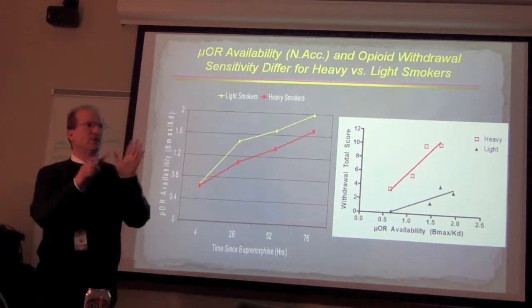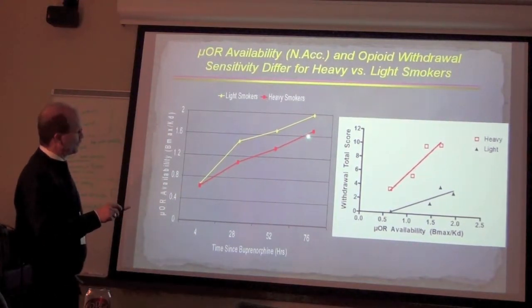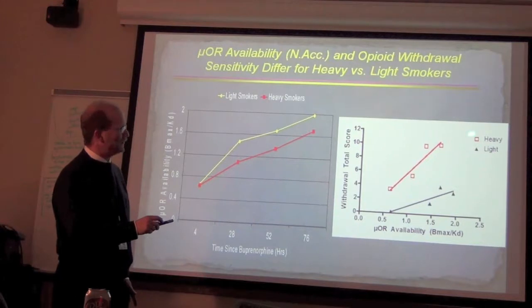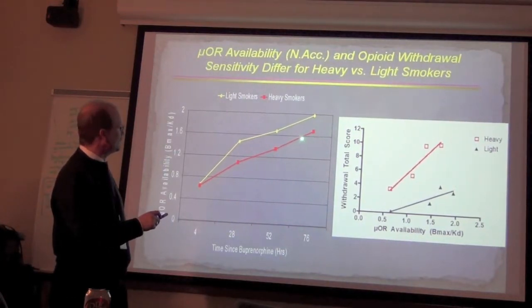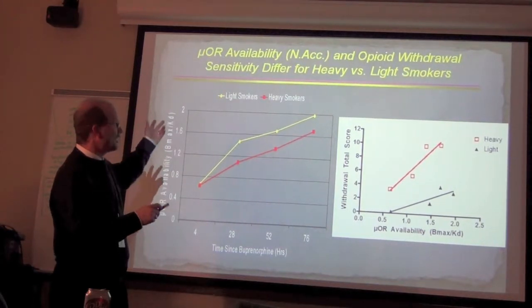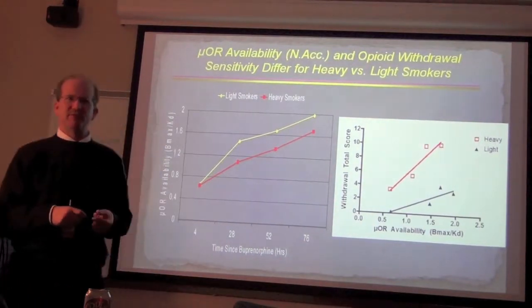So they weren't totally deprived. And this was also related to their withdrawal scores. Heavier smokers, despite having less availability or more occupancy, ironically showed more withdrawal symptoms.